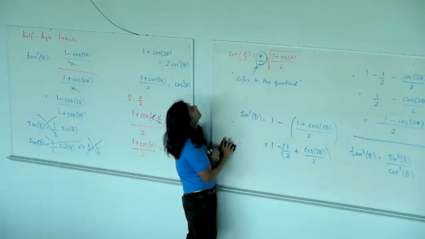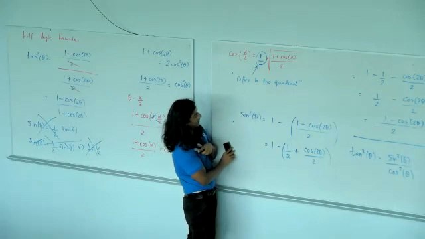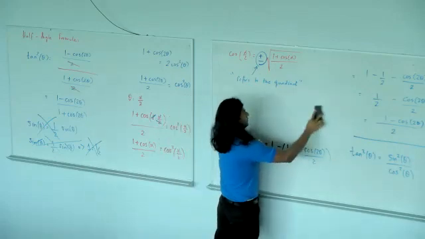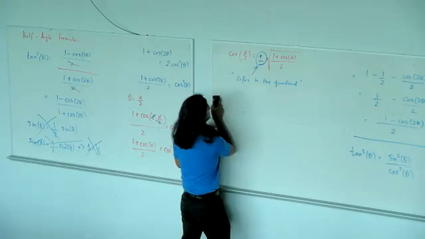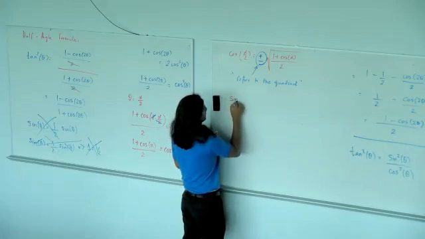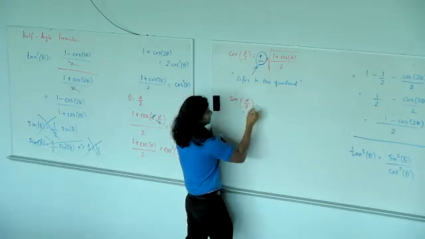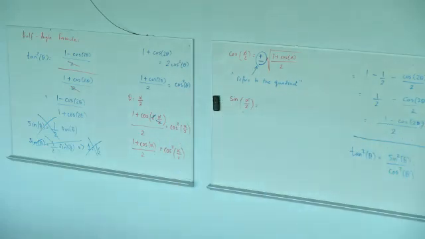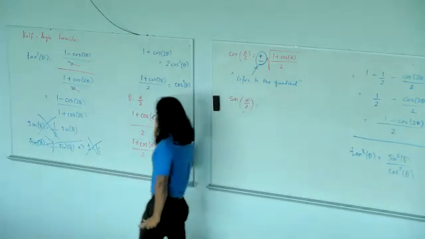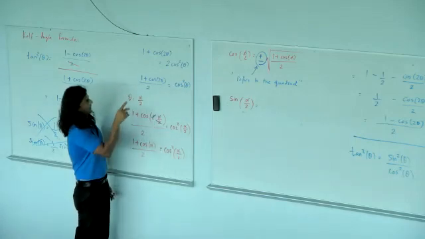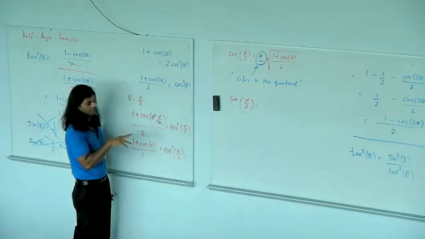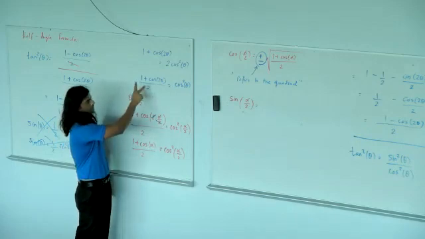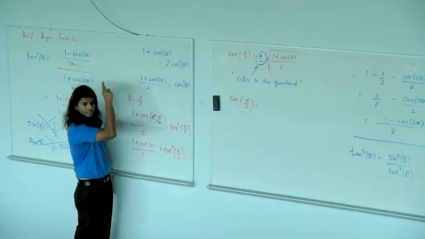You can tell me, instead of cosine alpha over 2, suppose I want to write sine alpha over 2. Any thoughts? I'll give you an answer right here. Okay, so if I go from cosine to sine, last time the only thing that changed was the sign.